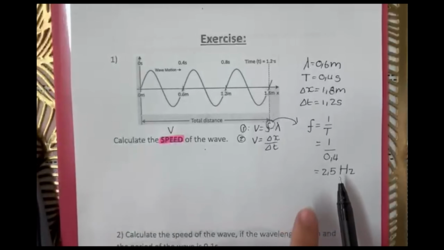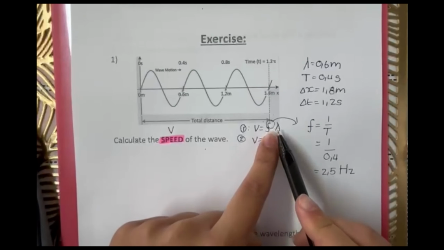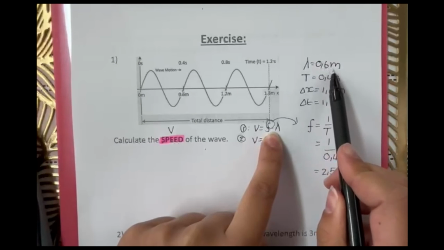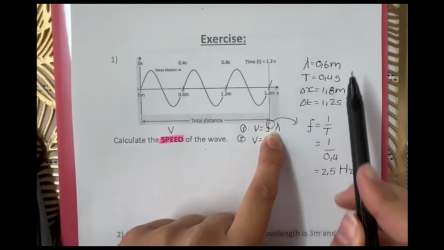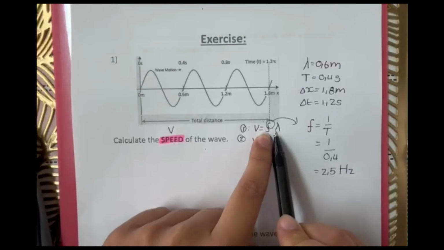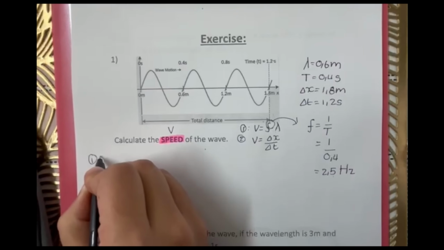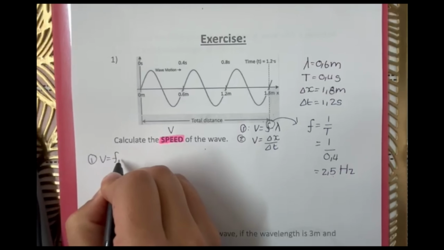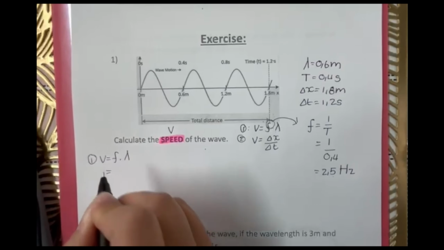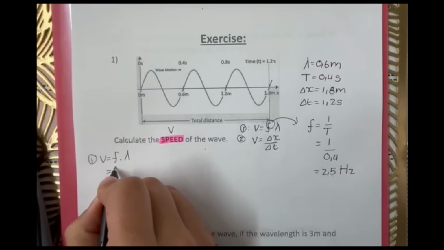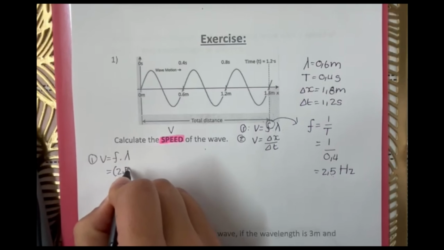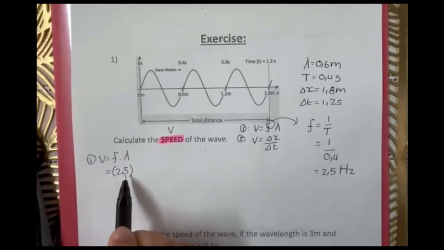So obviously now I have the frequency. Do I have the wavelength? Yes, I do. They've given it as 0.6 meters. So can I use the first equation? Yes, I can. So let's do our calculation. So v is equal to frequency times wavelength. Then I'm just simply going to substitute 2.5. Always remember to put your substitutions in brackets.